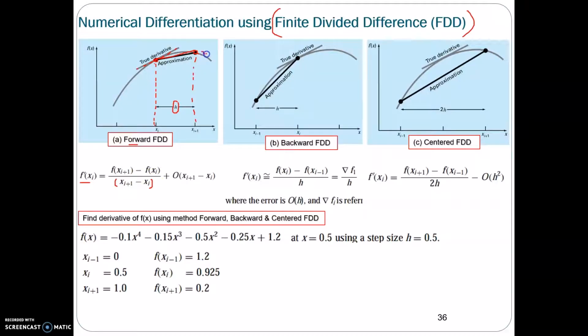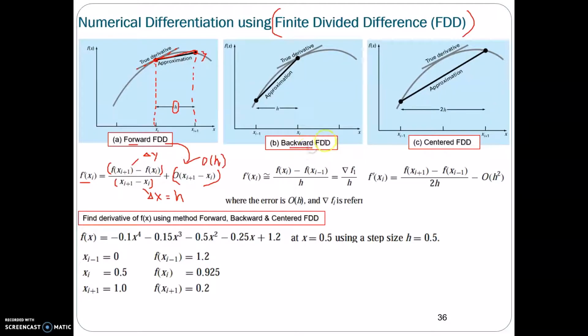And you can find the delta y here equal to f(xi plus 1) minus f(xi). Therefore, the first derivative at xi is equal to delta y divided by delta x, or h. And for this method, the error is quantified by this term, which is O(h).